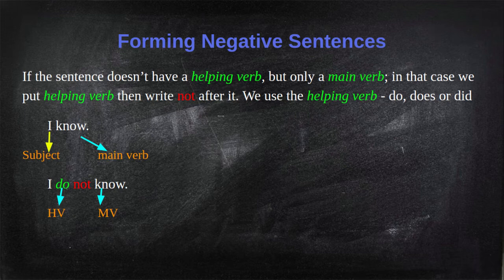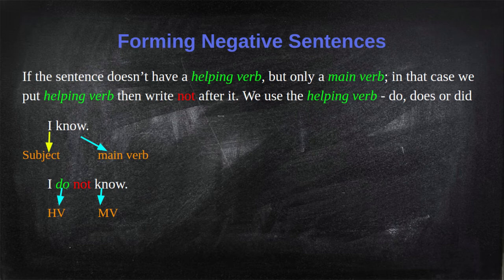For example, here the sentence is, I know. In this sentence, there is a subject, I. There is a main verb, know. This sentence doesn't have any helping verb. So to make a negative sentence, first we have to put a helping verb here.